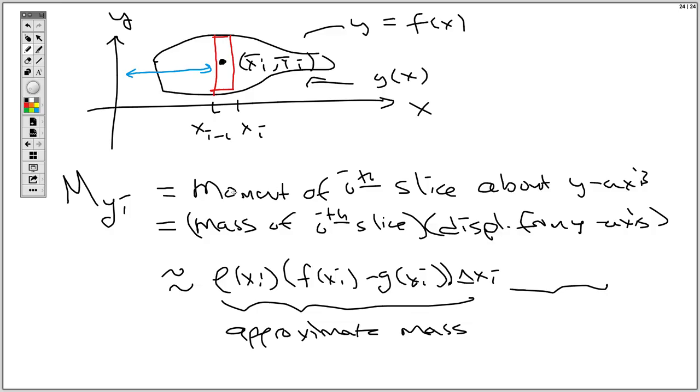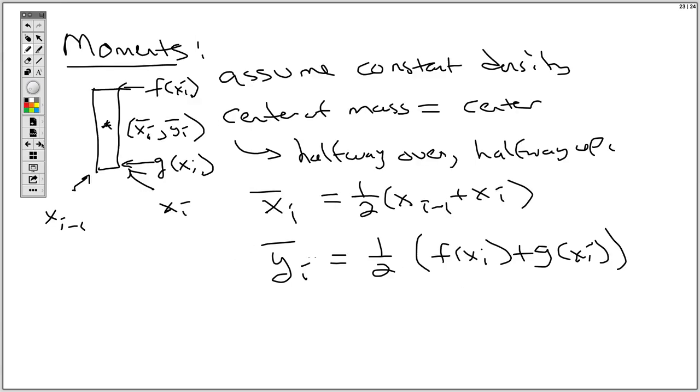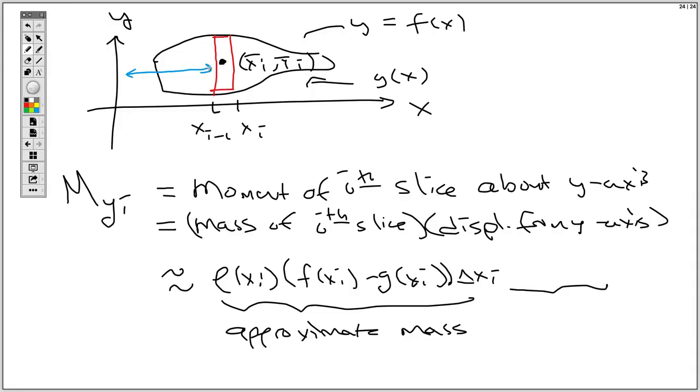The displacement from the y-axis, well, since delta x is small, and we're assuming the density there is constant, it's pretty much all going to be the same as the density at x sub i. We're in the situation we just talked about here. And therefore, all of the mass is concentrated at the point x bar i, y bar i.